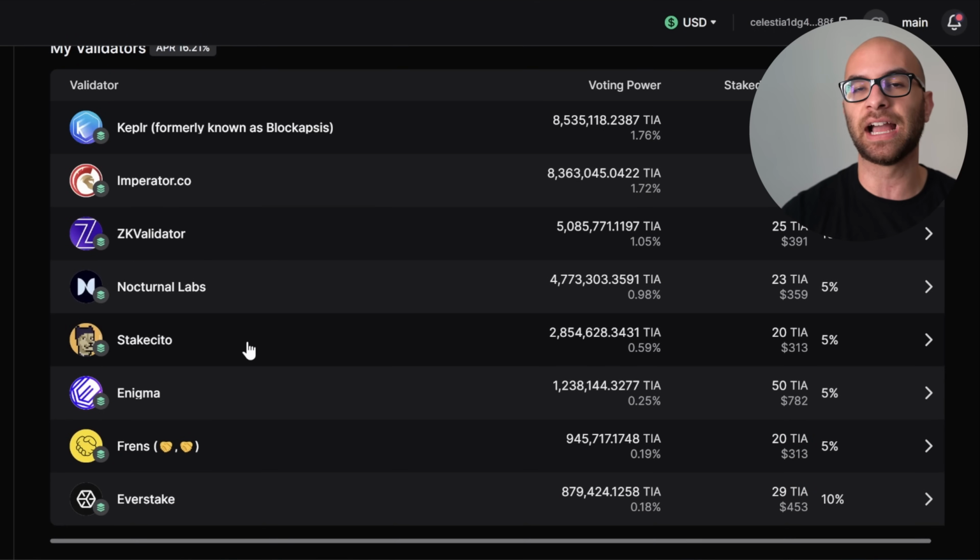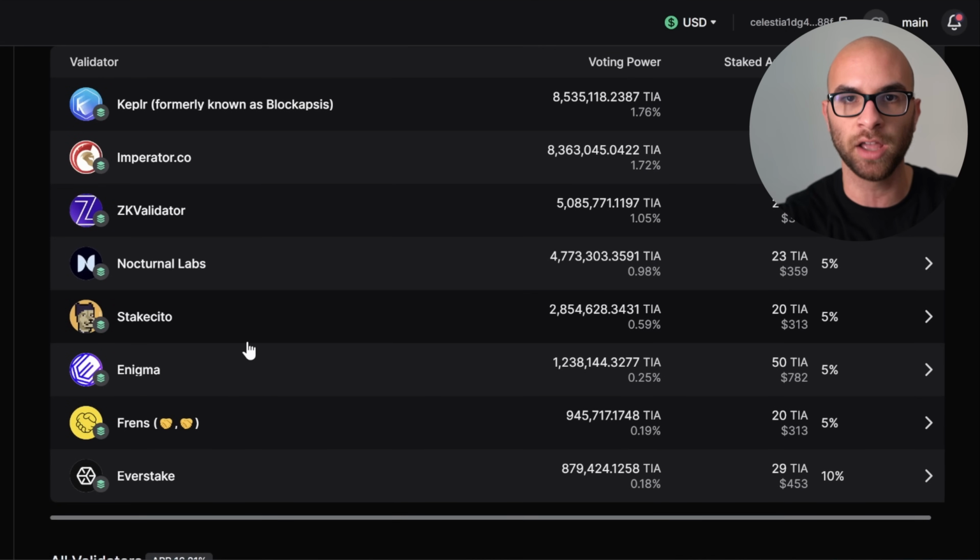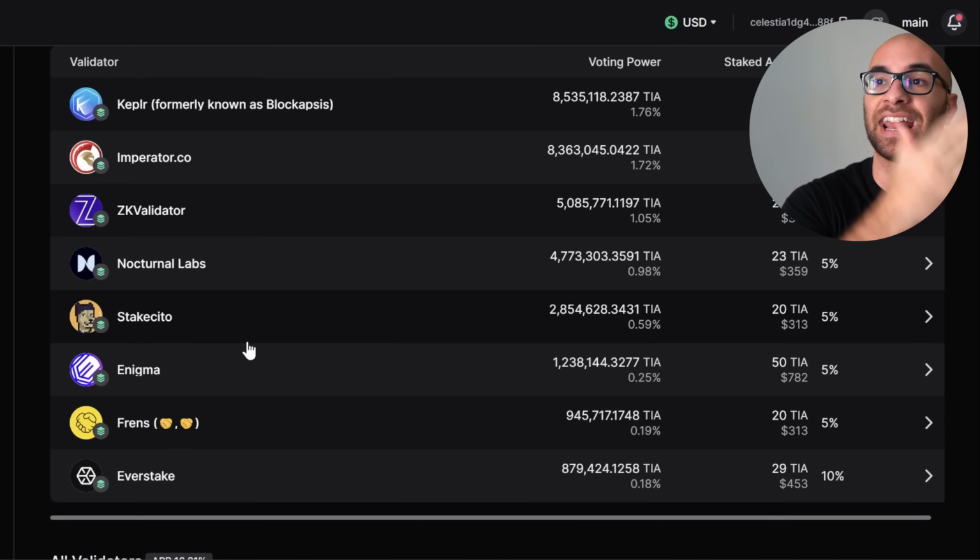But what I would recommend, guys, if you're first getting started here, is to not actually put all of your TIA in one wallet and instead have a bunch of different wallets. A lot of these airdrops are giving more priority or more tokens based on lower amounts of the requirement. So what do I mean by that?